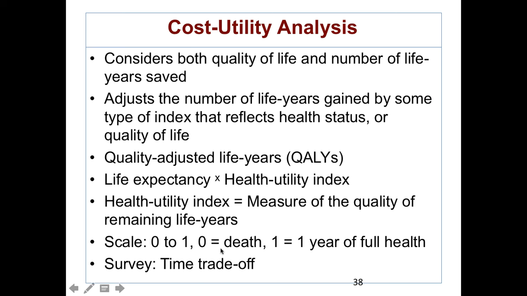So if the patient, for example, suffers from back pain and is really in pain, the patient may say, I rate my current health condition at 2 because I'm in pain.